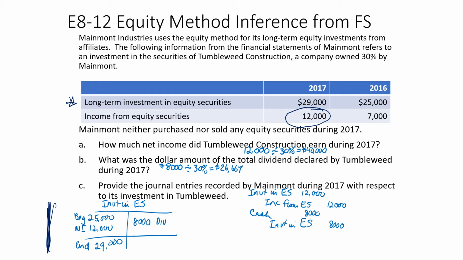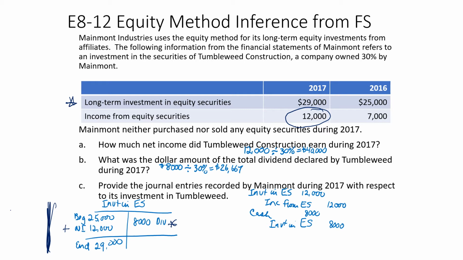So I take my beginning of 25, add to it my net income, and say, wow, there must have been some dividends. So I can see that the dividends that were declared and paid, my portion of them was $8,000 to come up with the ending balance in the investment in equity securities.